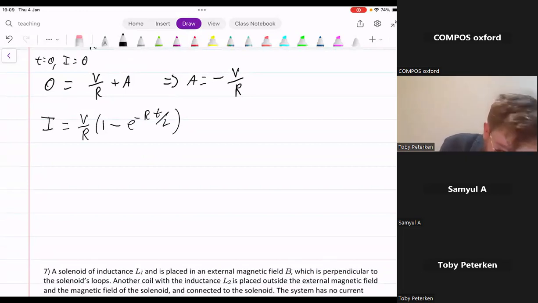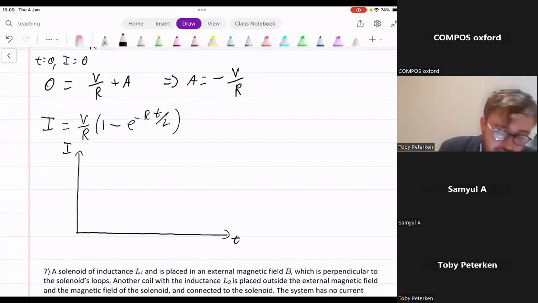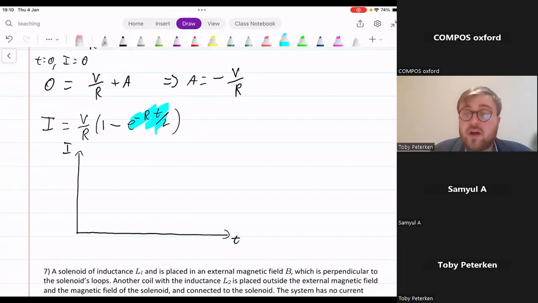Now, the question didn't say this, but let's plot this so we can look at what it does. This is T and this is the current. So we see at large times, e to the minus RT over L, as T goes to infinity, this term here becomes very, very small.